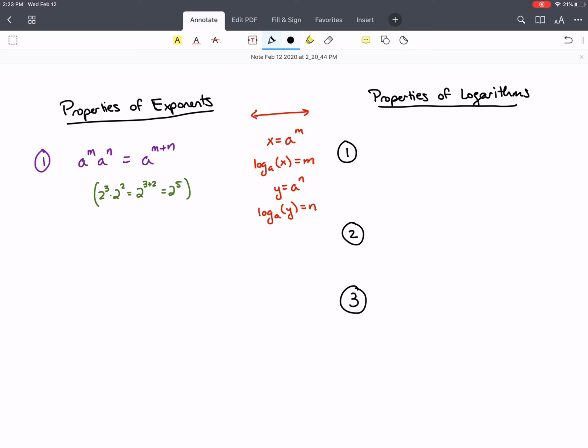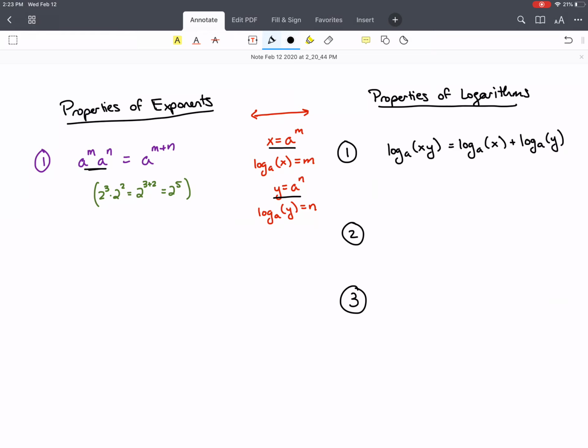And the logarithm rule says, if I take the product of x and y, these 2 powers, and I look at what exponent I get, so I'm looking for the exponent on a to the m times a to the n, then it's going to be the sum of the exponents on just a to the m and a to the n individually.